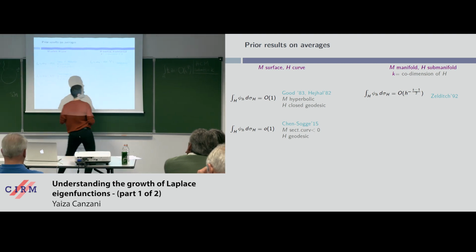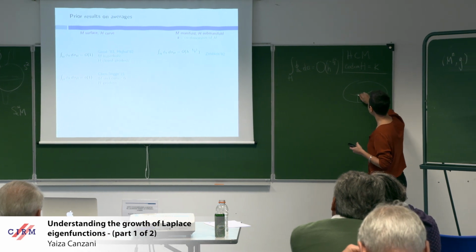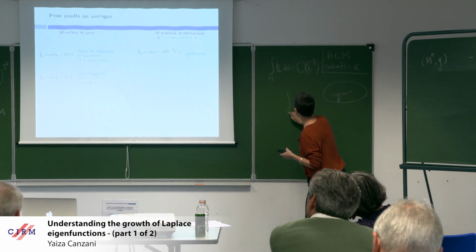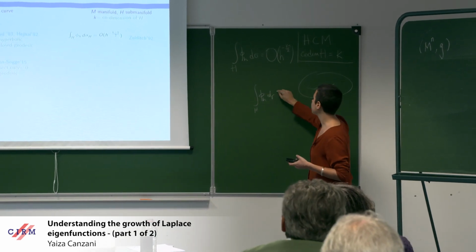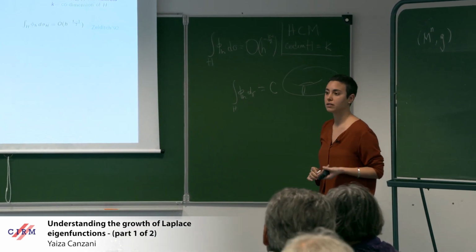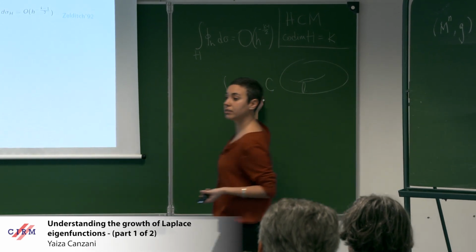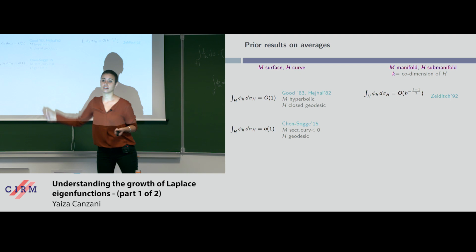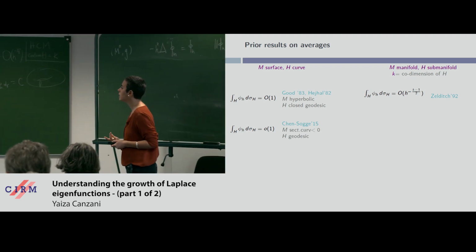And let me remind you here that when you're working with the torus, the example that we saw here was the one that saturates this bound. So you get the length of the curve, so you just get a constant here. So this is an improvement on the general upper bound that you can get as long as you're working with geodesics and the curvature is strictly negative.